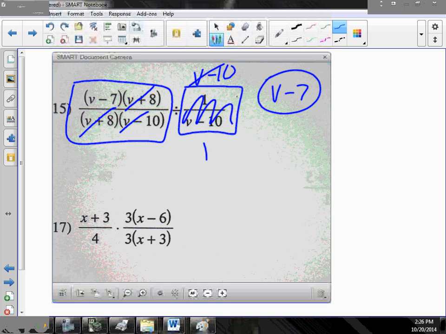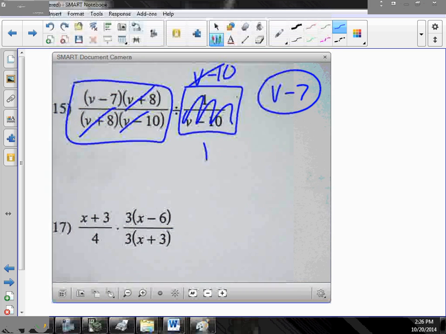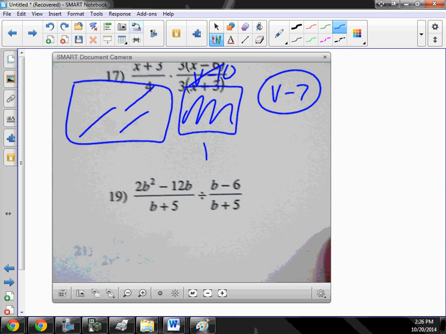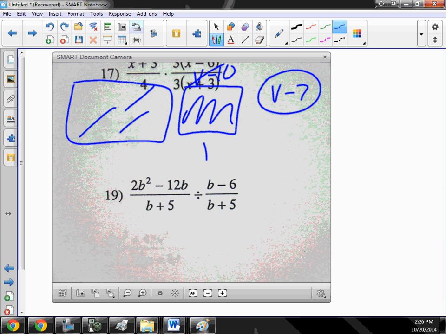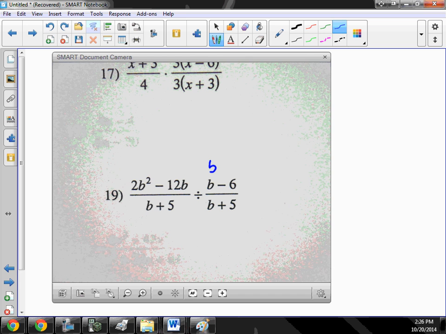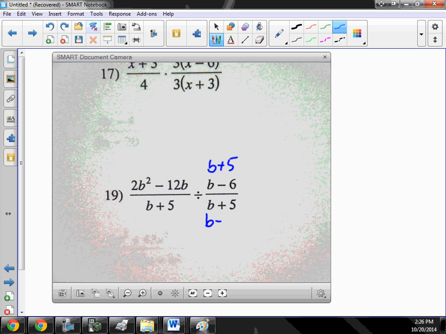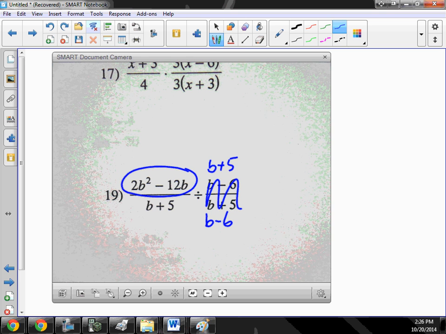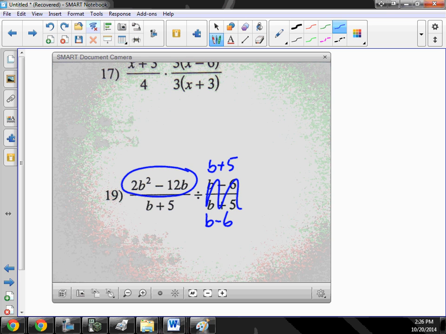Okay. Look at number 19. So I need to flip this, b plus 5 and b minus 6, and then you need to factor that. Okay, and then they'll simplify.